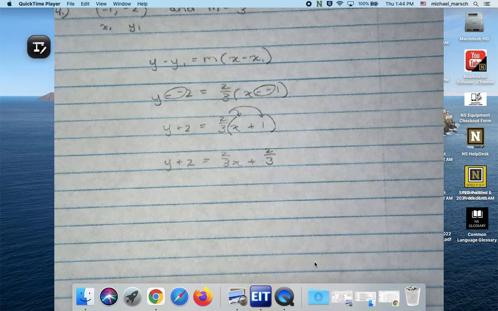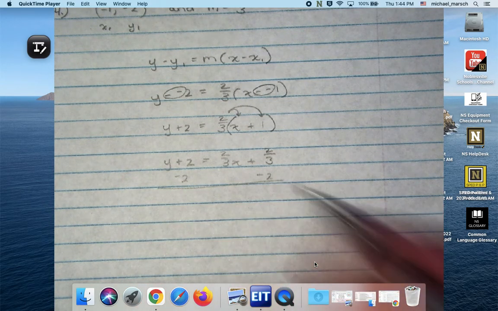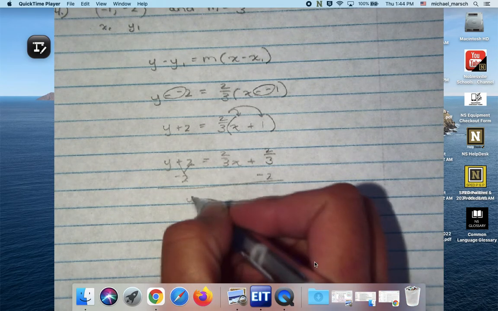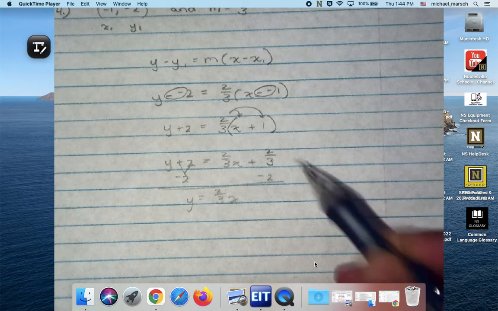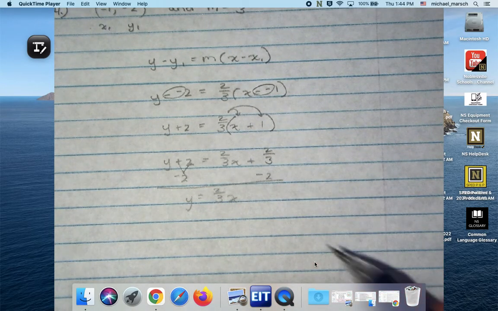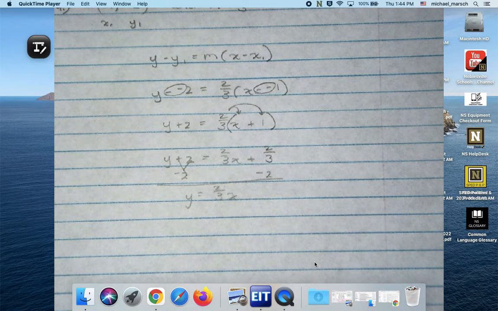Then I have to subtract 2 from both sides. Right? y equals 2/3 x, and then we have to remember how to subtract fractions.